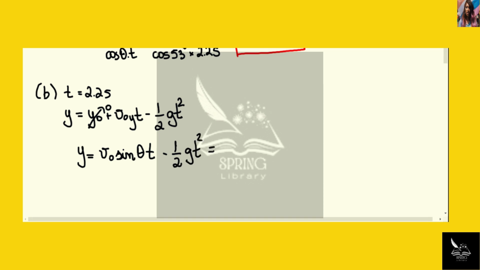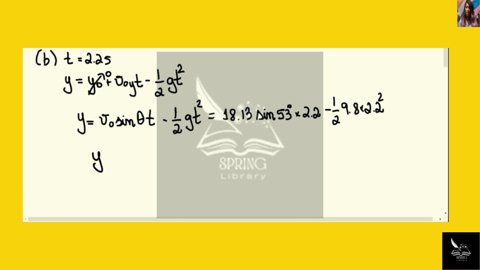So now we can substitute the numbers. v0 is 18.13 meters per second. I'm gonna leave it implicit. Times the sine of 53 times 2.2 minus 1/2 of 9.8 times, g is already 9.8 of course, and t is 2.2 squared. So y is equal to 8.14 meters. That's the y-coordinate of the ball.